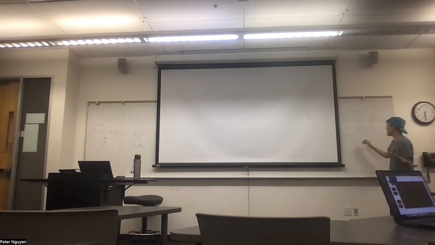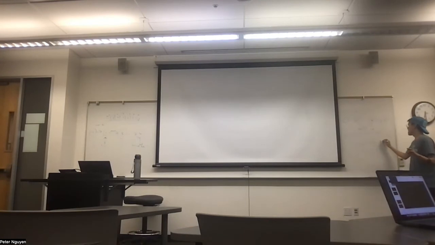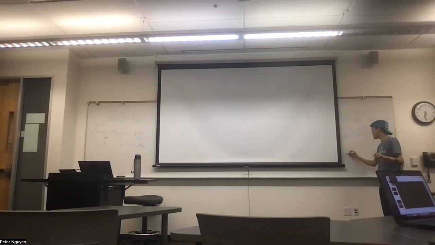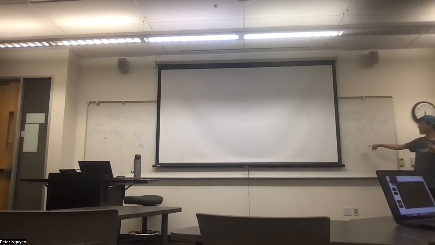Now, there's one more issue. Let's say that the linked list is like this, and we want to add 5. In this case, prev would be pointing to null, and curr would be pointing at the 6.